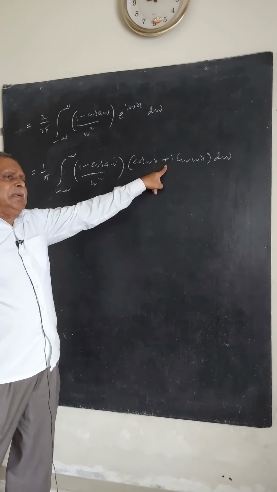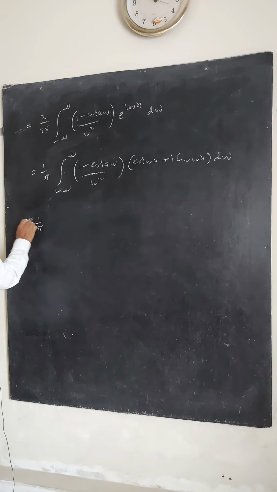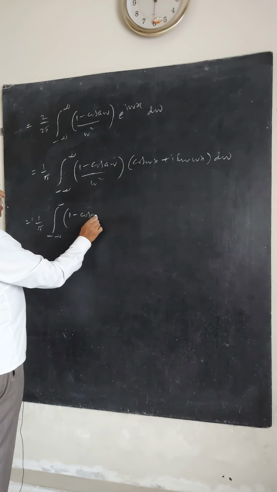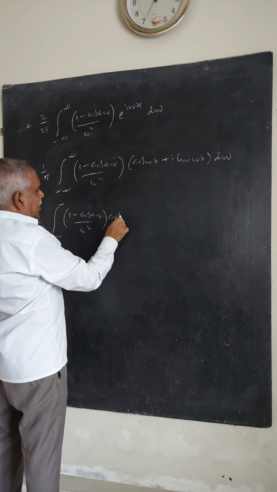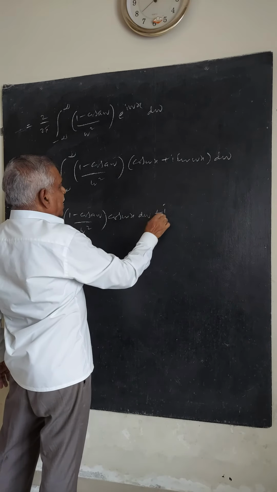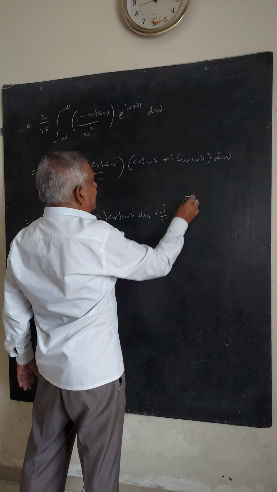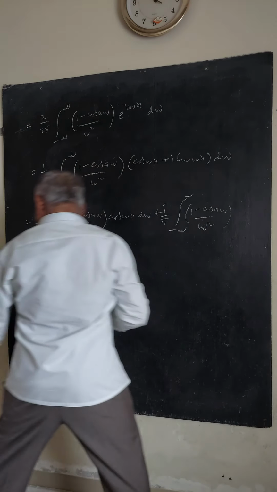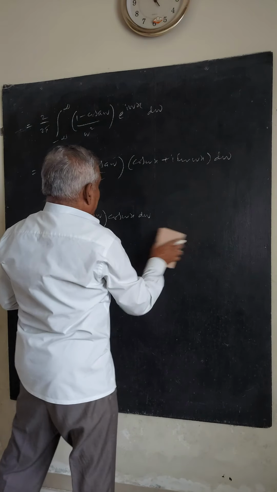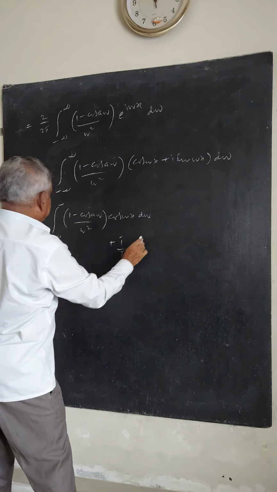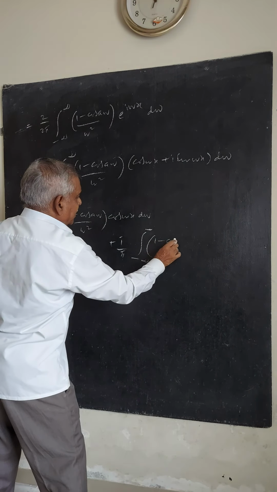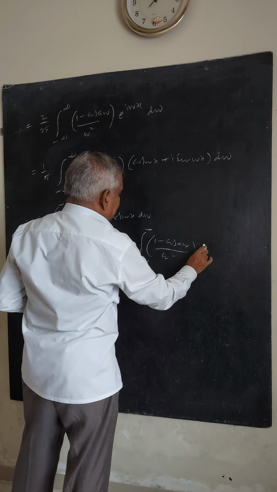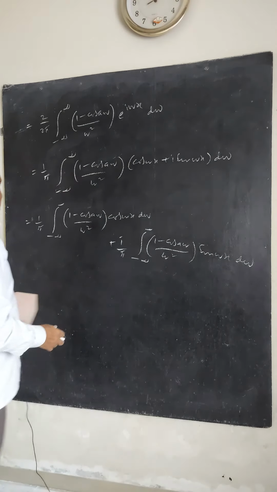We are splitting into 2 by using this plus. 1 by pi, minus to plus infinity, (1 minus cos a omega) by omega square cos omega x d omega, plus i by pi, minus to plus infinity, (1 minus cos a omega) by omega square sin omega x d omega.